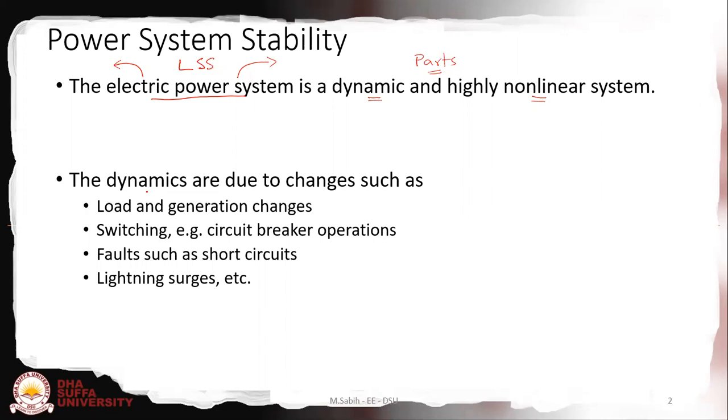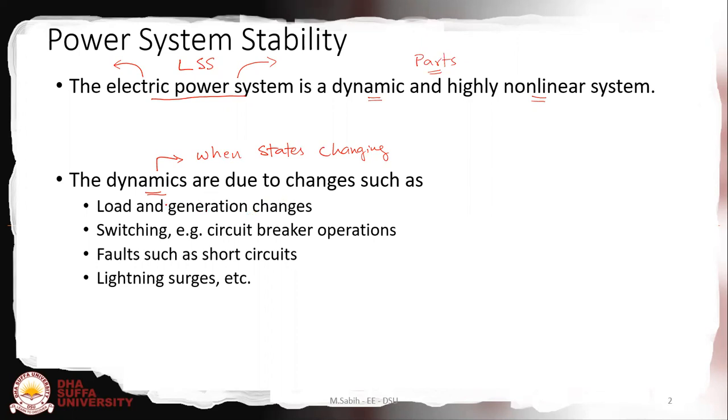Now, the dynamics is all about when the states start changing. They have their own interdependence on the other parameters.